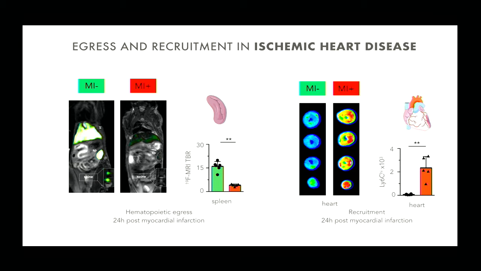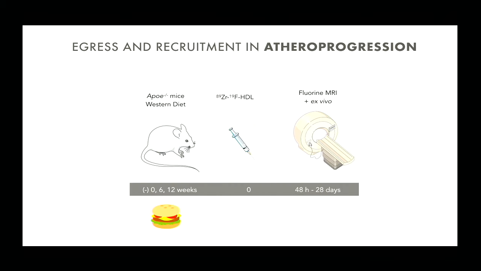Now, of course, the underlying cause of ischemic heart disease is atherosclerosis. So we wanted to investigate whether we could also use our technology to see the more subtle changes that are introduced in atheroprogression. Here we had 3 different groups of mice at various stages of atheroprogression.